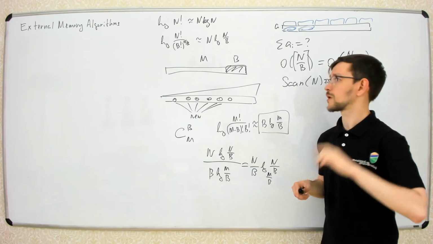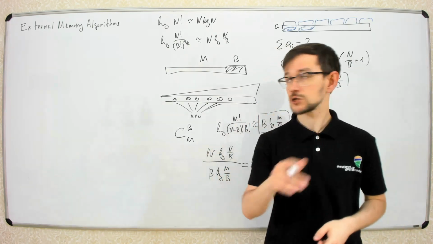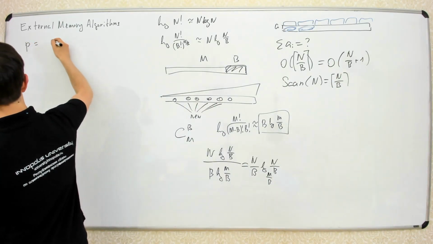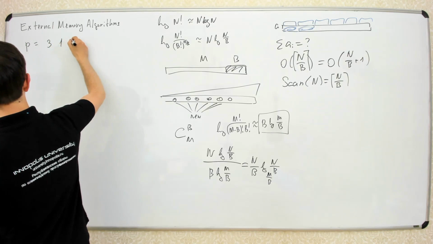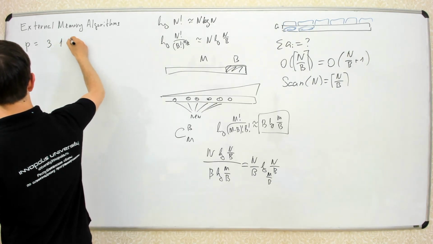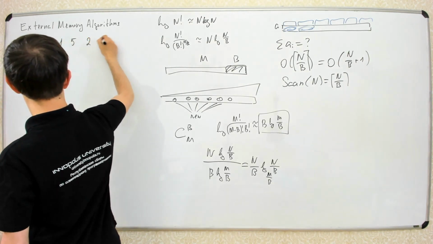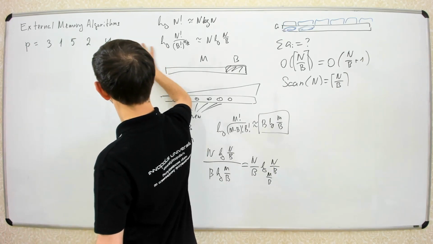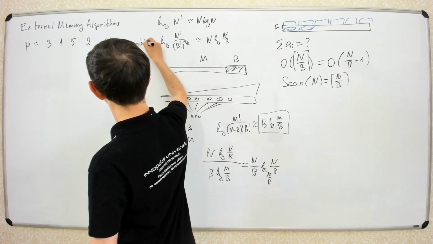Okay, let's solve the following problem. We have some permutation. Let's have something like 3, 1, 5, 2, 4. So it's a permutation.